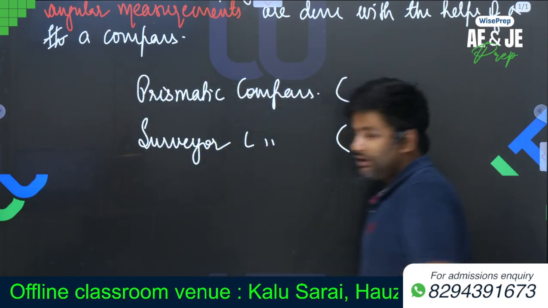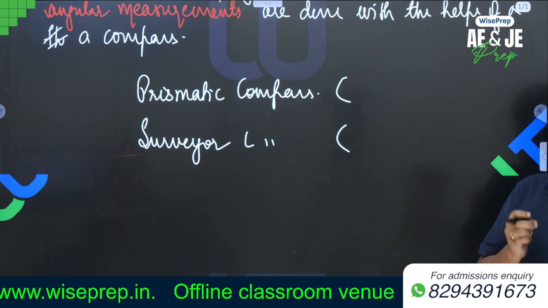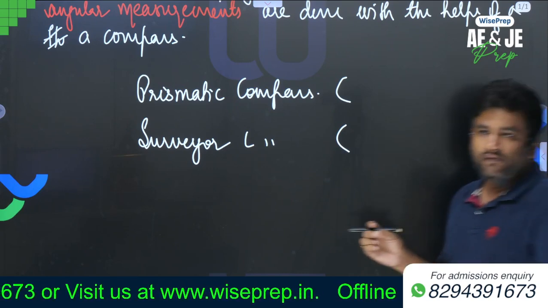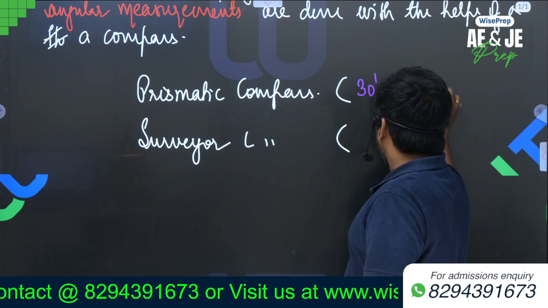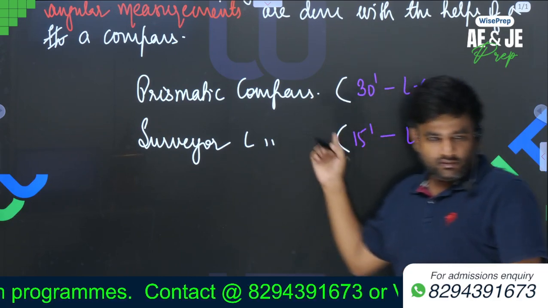In objective questions, generally the examiner asks what is the least count of prismatic compass and what is the least count of surveyor compass. Obviously 30 minutes is the least count for prismatic, and 15 minutes for surveyor. It should be remembered.